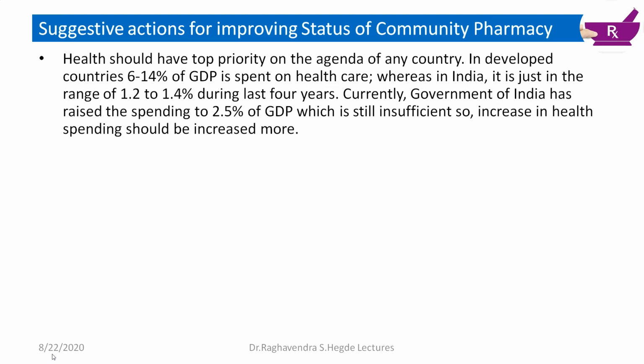In developed countries, 6 to 14% of GDP is spent on healthcare, whereas in India, it is just in the range of 1.2 to 1.4% during the last four years. Currently, the Government of India has raised the spending to 2.5% of GDP, which is still insufficient. So healthcare spending should be increased more.